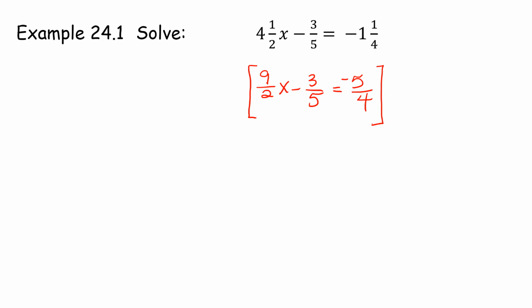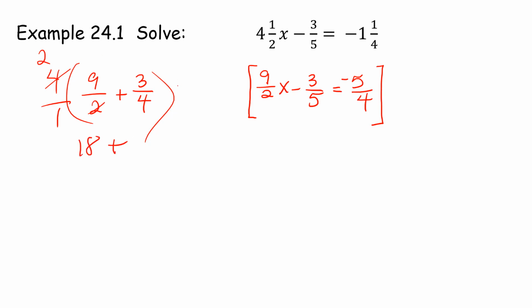So remember, when you're working with an equation, you can do this. You can't do this with just an expression. If you had something like 9 halves plus 3/4, you can't just multiply that thing by 4 and say, oh, okay, that's going to cancel out the 2, and that'll be 2, and that'll be 18, plus the 4's cancel, and that'll be 3, so that's 21.